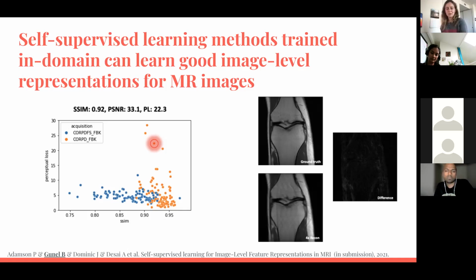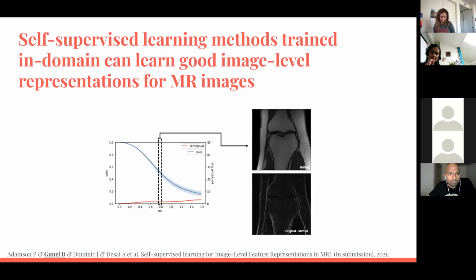But then you look at the reconstructed image on the right-hand side, and it's actually not that great. You see clear aliasing artifacts. Obviously there are few examples and we need to go through a radiologist evaluation for this, but our perceptual loss is picking up that it's actually not a good reconstruction.